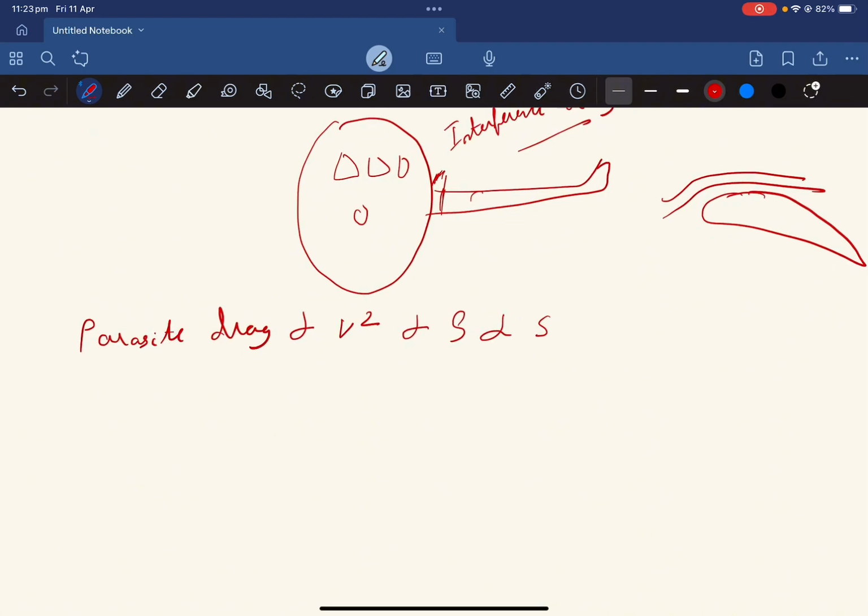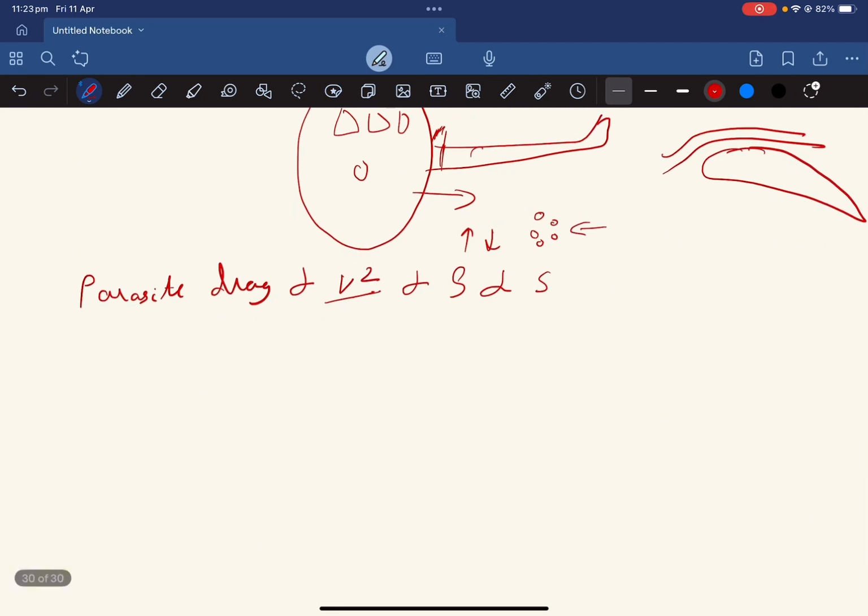As you climb up, what happens to the density? It reduces. So there are fewer molecules that your aircraft has to get in contact with, and eventually your drag reduces. And when you increase your speed, you're gonna collide with these molecules faster, and this also increases your drag. Alright, I hope it makes sense. These are all the factors that parasite drag depends on.